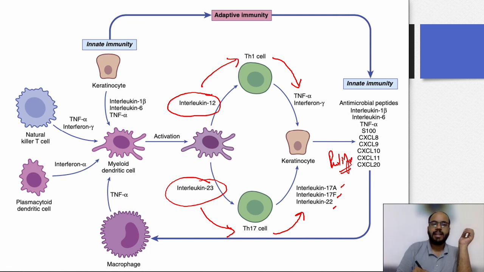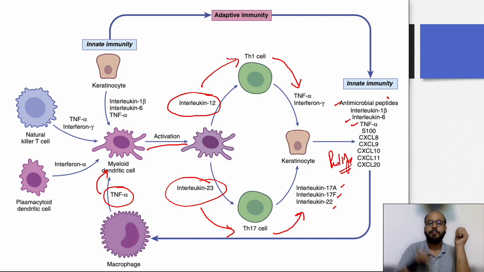Clear? The keratinocytes are going to secrete a lot of mediators, mainly the antimicrobial peptides, interleukin 6, TNF alpha again, CXCL group of proteins, and this will act on macrophages. The macrophages will secrete TNF alpha, which will act on myeloid dendritic cells, and this cycle will continue. So it starts as just the activation of the dendritic cells, which is usually by keratinocyte injury.